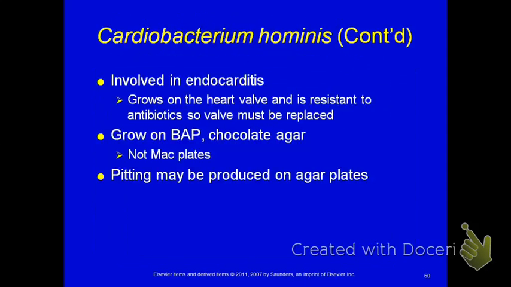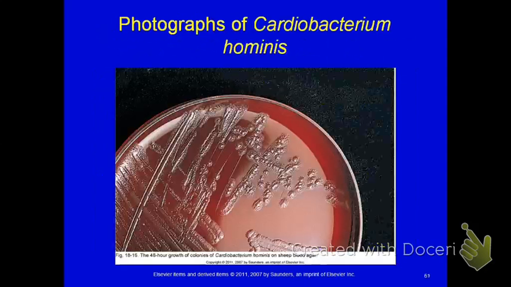Perhaps the name Cardiobacterium refers to the fact that this organism could cause endocarditis, which of course involves the heart valve and is resistant to many antibiotics. As a result, it's very expensive. The valve must be replaced. The organisms could grow in blood agar plate and chocolate agar plate, but again, not in MacConkey agar. Pitting may be produced on agar plates.